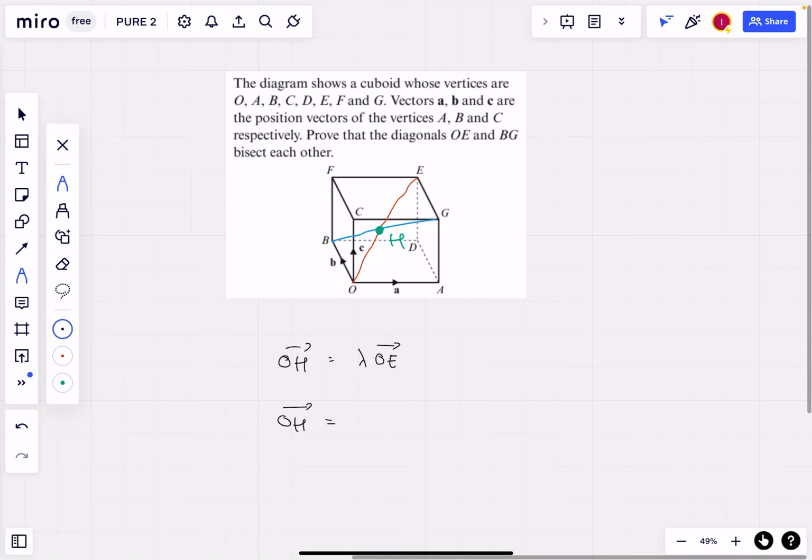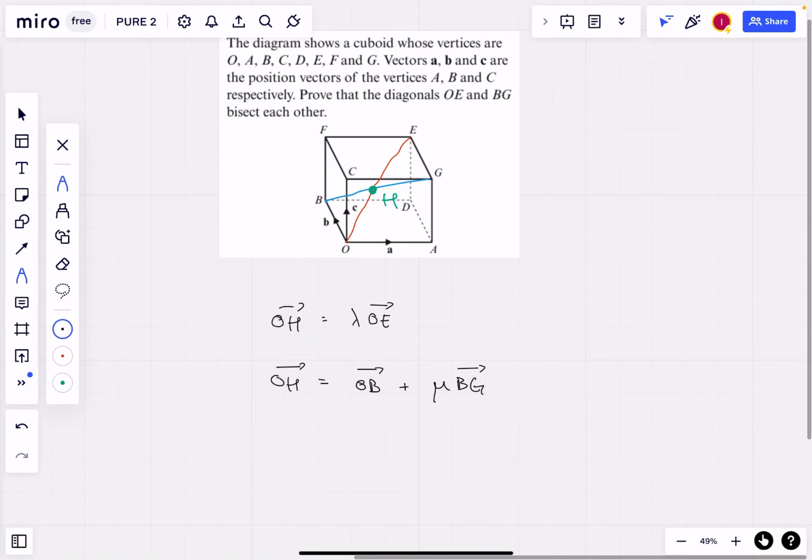So we go from O to B and then we go part way along BG. So lambda and then mu. Okay? Now, they both equal OH. So they both equal each other. Like this.